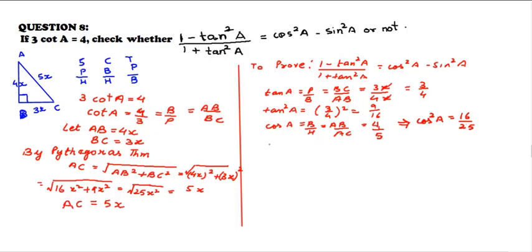And value of sin A is equal to perpendicular upon hypotenuse, that is equal to BC upon AC, that is equal to 3x upon 5x. x and x get cancelled out, what remains is 3 by 5. So from here we can find the value of sin square A, that is equal to 3 square upon 5 square, that is 9 by 25.